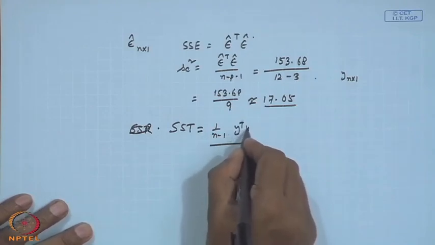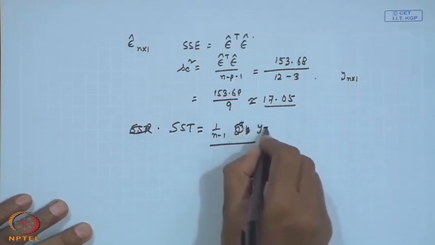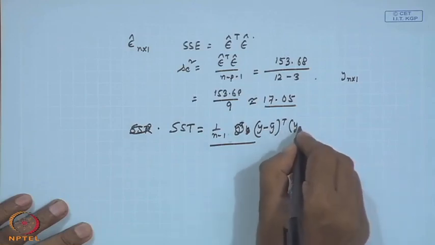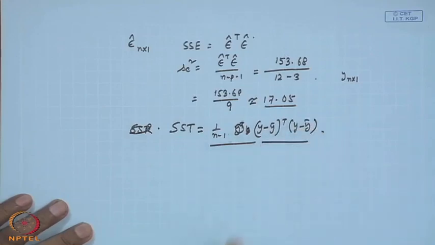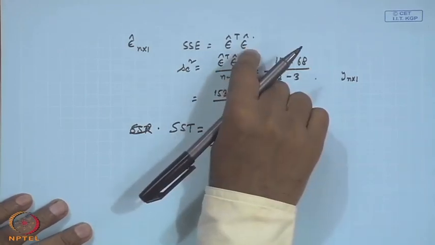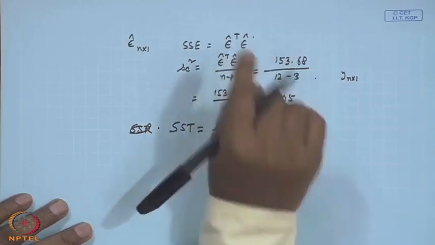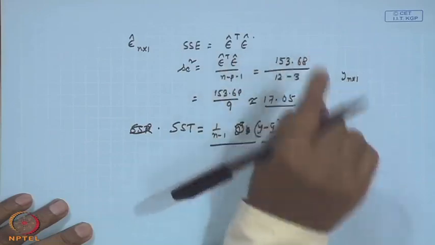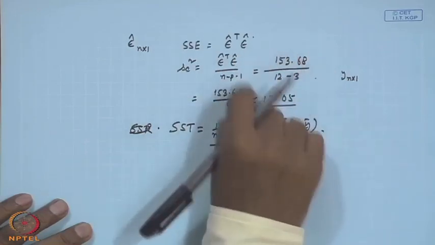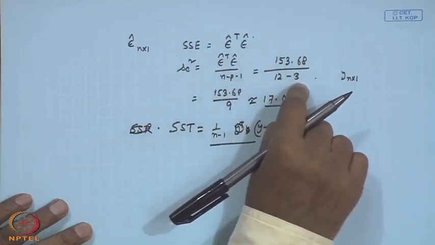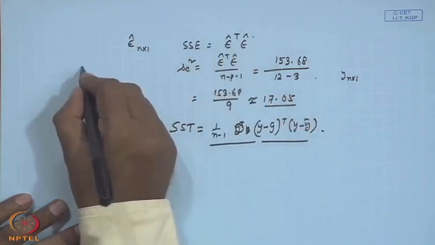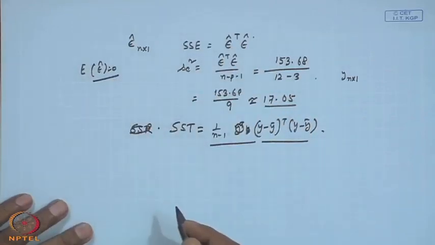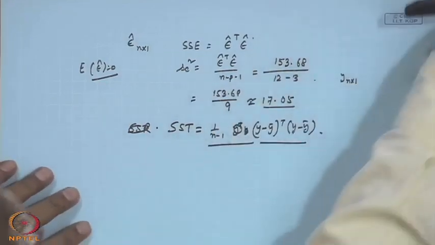I think y minus y bar transpose y minus y bar, this one you have to do. But here we have not done it in this manner, but we assume that this will be 0. Actually, when you calculate the expected value of epsilon, that may not be 0, because your data is this.